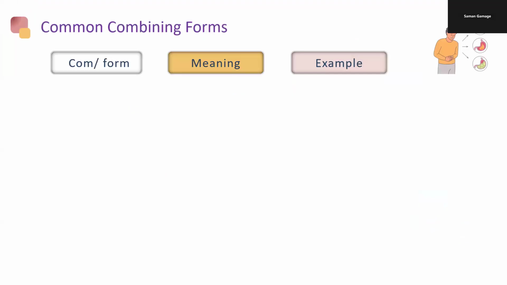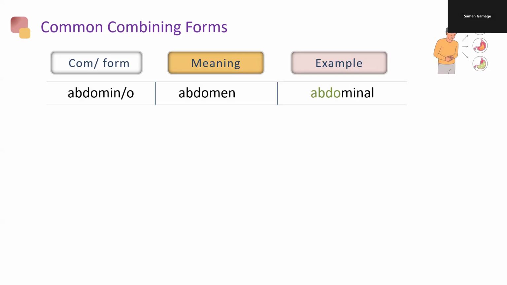Let's go through some common combining forms. In the first column, you will see the combining form. In the second column, the meaning. In the third column, an example.